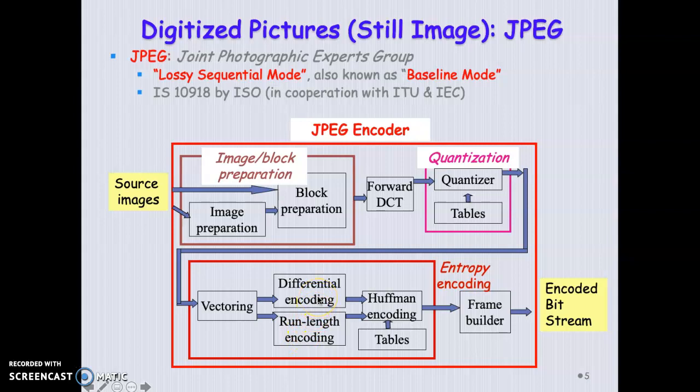Then you will do the Huffman coding for both, and the Huffman will depend on the table that you created before. Once you finish the entropy coding, you will prepare it in a frame builder. Then you will get the encoded bit stream to be sent or saved on your computer.